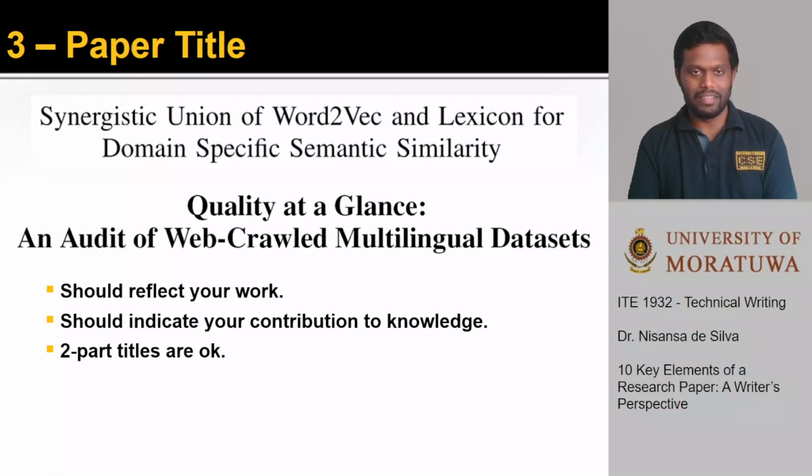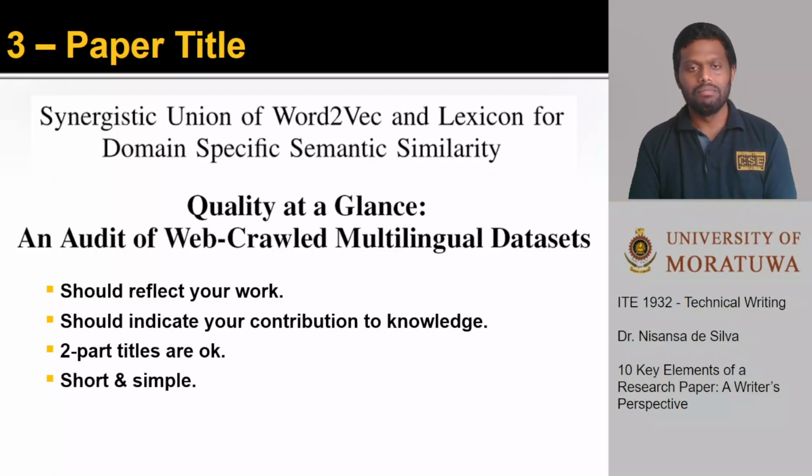technical title. So as you can see, Quality at a Glance is a catchy title which might speak to anybody. And then An Audit of Web-crawled Multilingual Datasets is a technical title which shows what this paper is about. However, you should try to keep it short and simple.